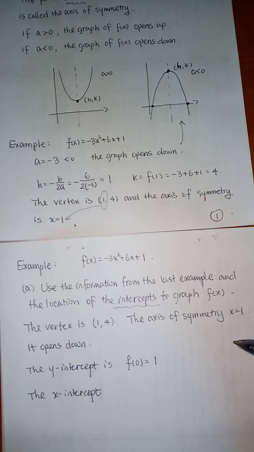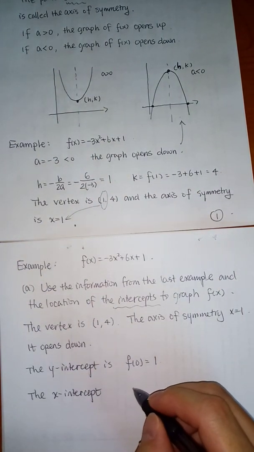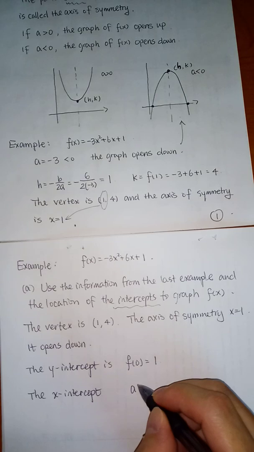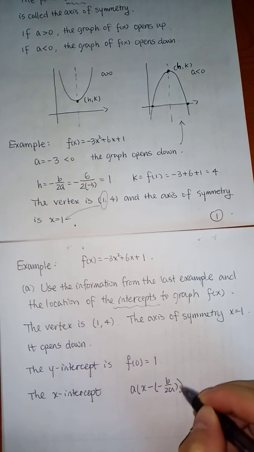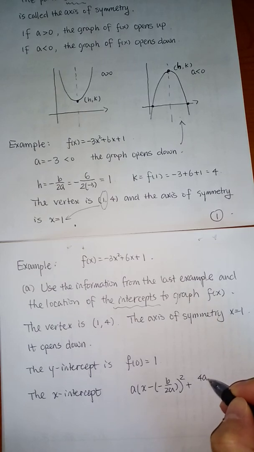For the x-intercept, we do have the quadratic formula. Remember that we have a times (x minus negative b over 2a), where negative b over 2a is h, plus (4ac minus b squared) over 4a, equal to 0.